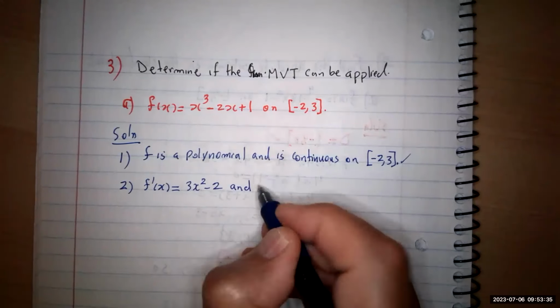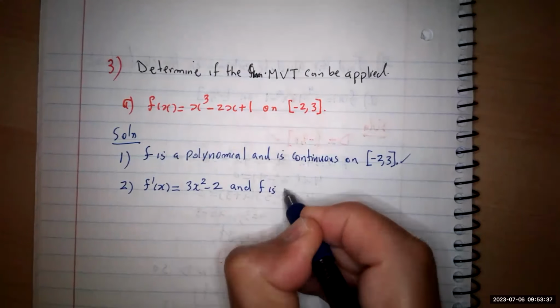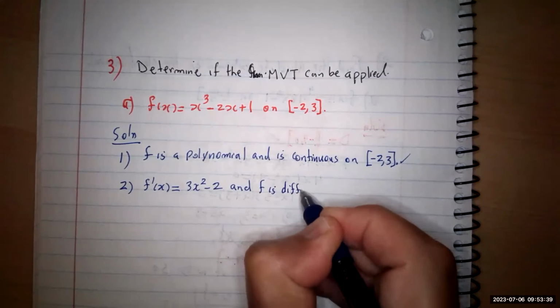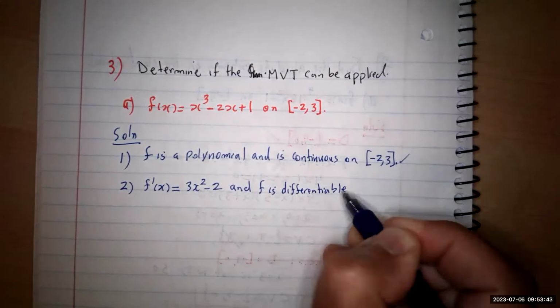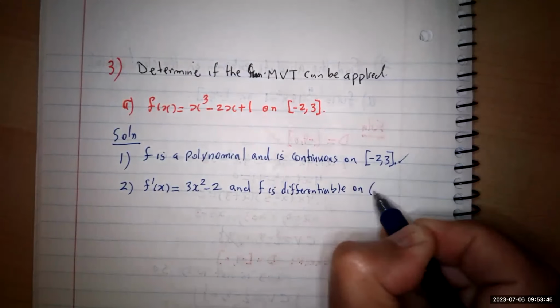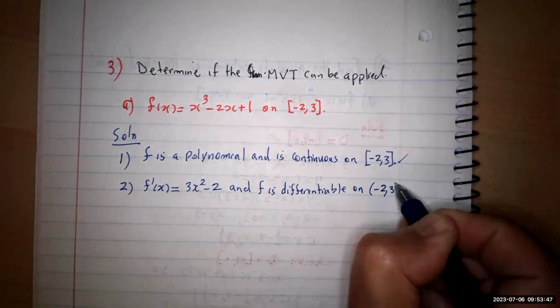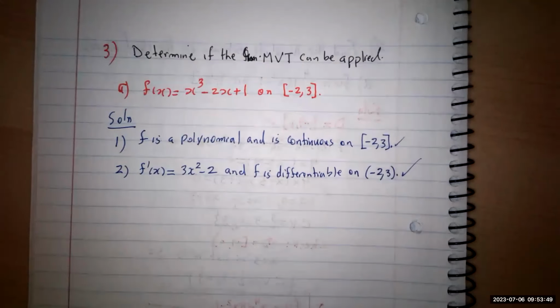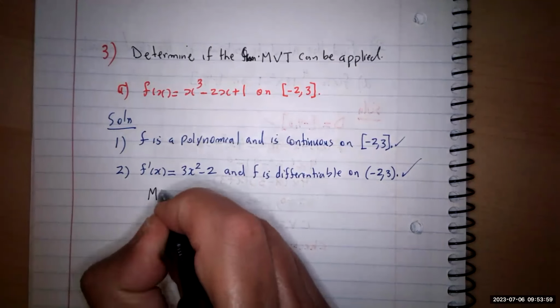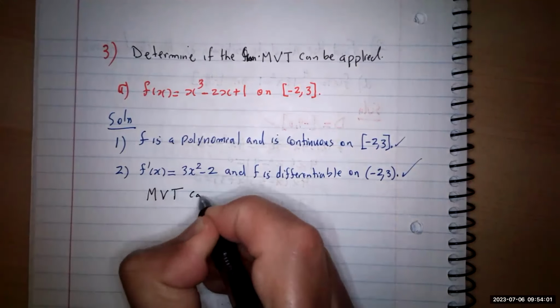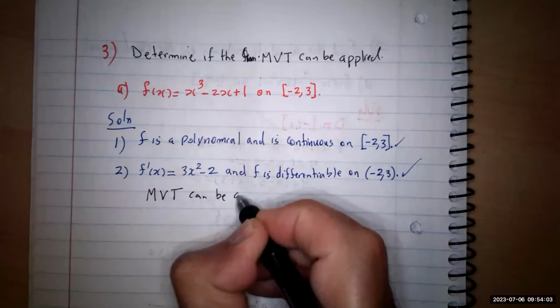And f is differentiable everywhere, but the theorem asks for the open interval, on the open interval (-2, 3). Done. Okay, both conditions are satisfied, so we can use the mean value theorem. It's mostly polynomials, so it can be used all the time. So we say MVT can be applied.